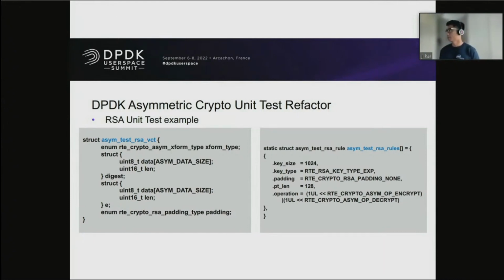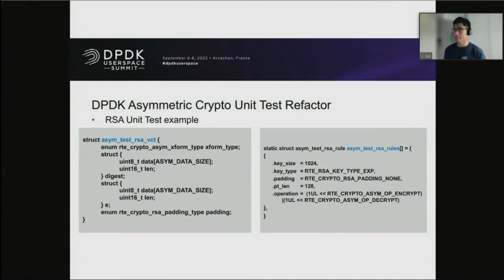On the right-hand side, we have the RSA rule configurations. Inside the rules, in this case, we have key size 1024, RSA key type exponential, padding configuration none, plain data length 128, and this operation will be RSA encrypt and decrypt.